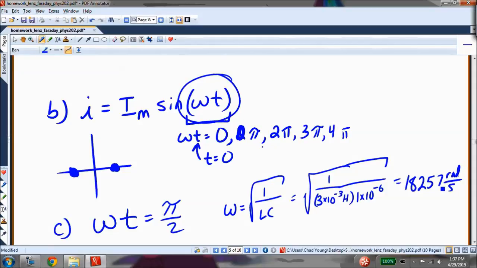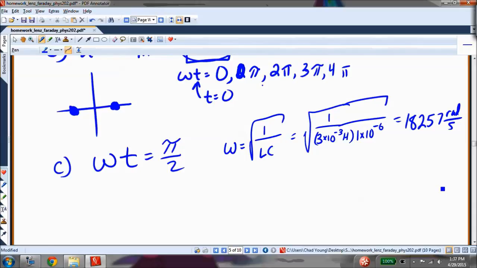So that is my omega, and so the time when my current is first at its maximum value is when 18,257 times t equals pi over 2. So I just solve this for t, I divide both sides, I get pi over 2 times 18,257.